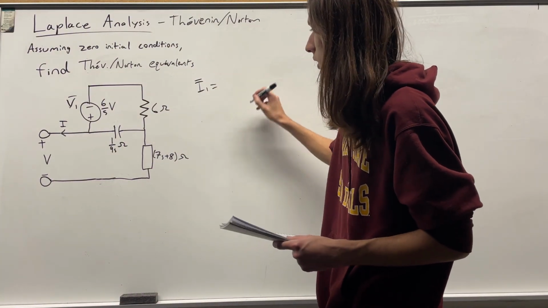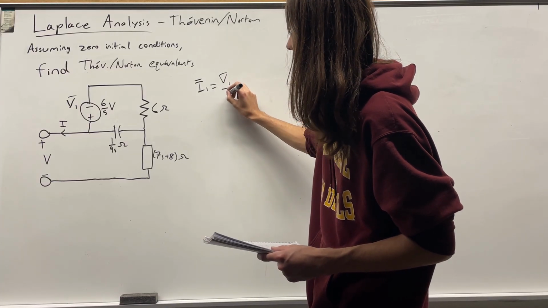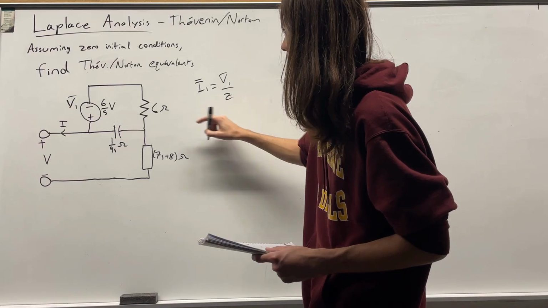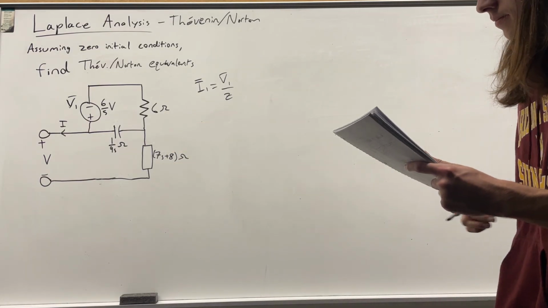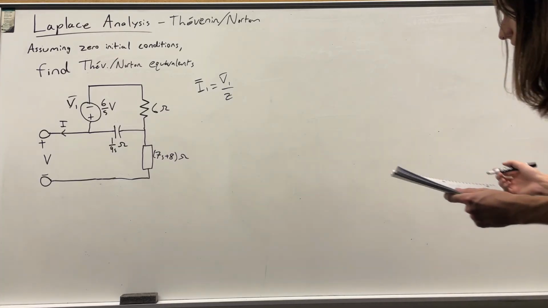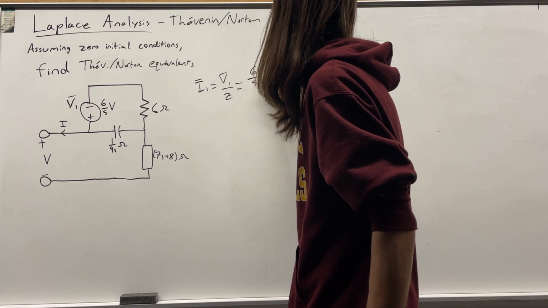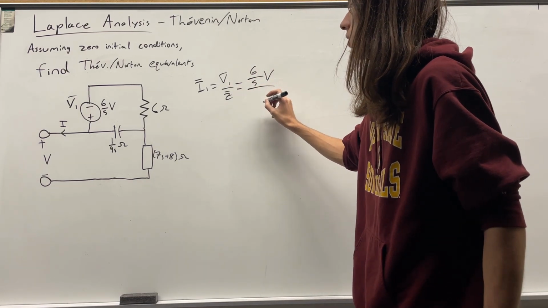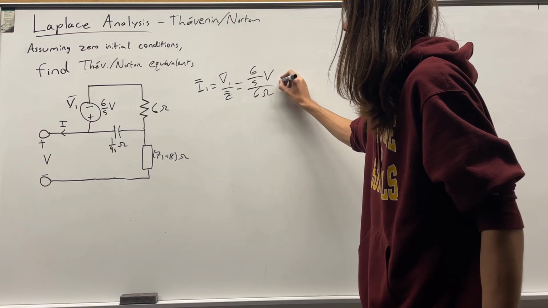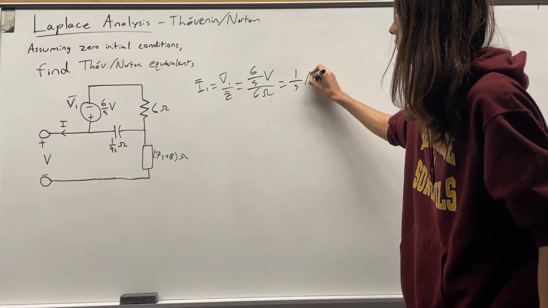I1 equals V1 over Z. We'll just say that that is for the 6 ohm resistor. Okay, so that's simple. That's just 6 over S volts over 6 ohms, and that just gives 1 over S amps.